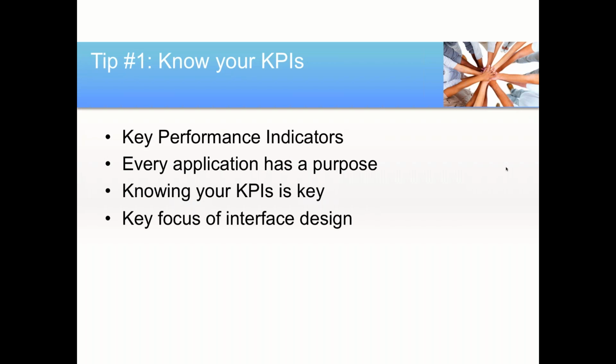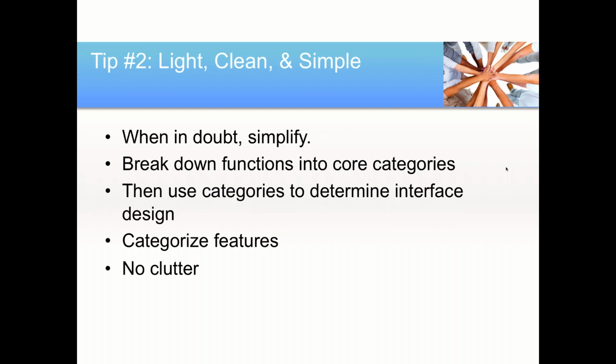Tip 2, keep it light, clean, and simple. When in doubt, simplify. If you have to have a hover over on a button to give an explanation, you're doing something wrong. It's not simple. Never, ever, ever have hover overs. I hate those. And I can't tell you how many times people do that, and users, when we do our testing, are just like, really?